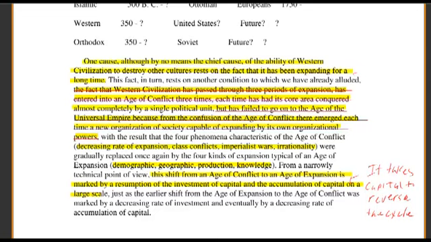He said, these are the 4 phenomenal characteristics of the age of conflict, and look at them. Number 1 is the decreasing rate of expansion. It's not growing anymore. This causes the class conflicts, and then they turn into wars and into irrationality. Every time you see a lack of growth, you're going to get these 4.